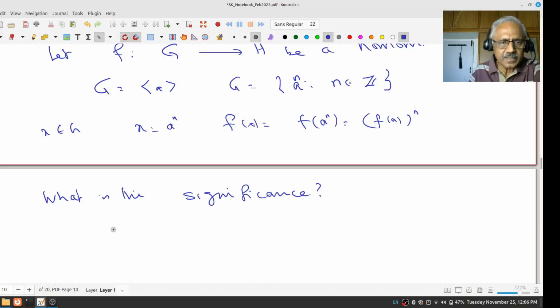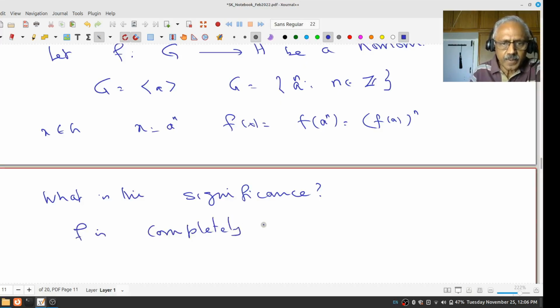It says that f is completely known if we know f of a.